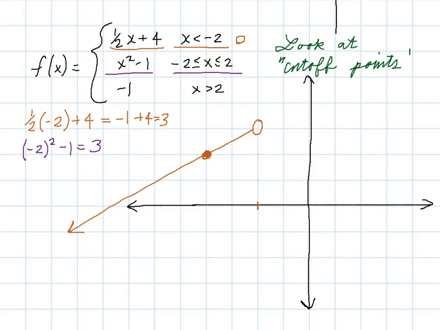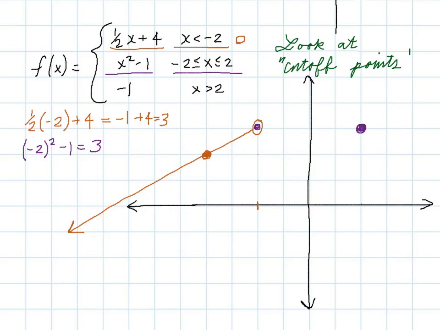So I have a closed point at y equals 3 for x equals -2. Let's plug in 2. 2 squared is 4, minus 1 is also 3. So at x equals 2, I go up to 3, and it's a closed point because we had an "or equal to."